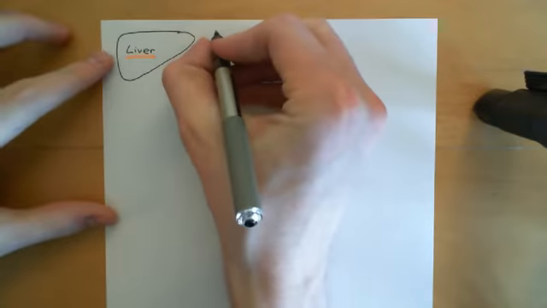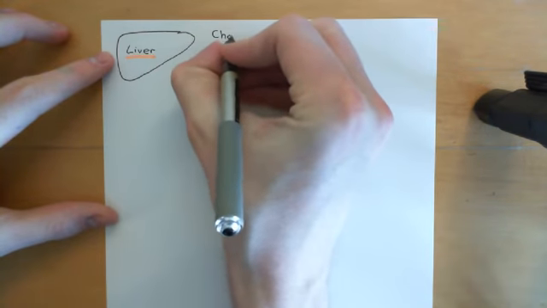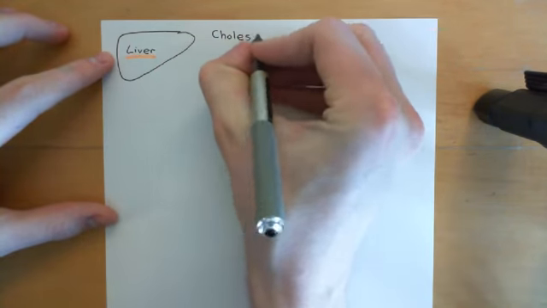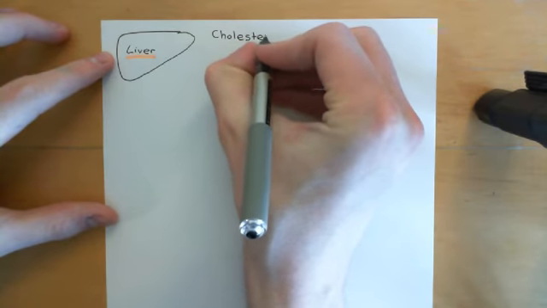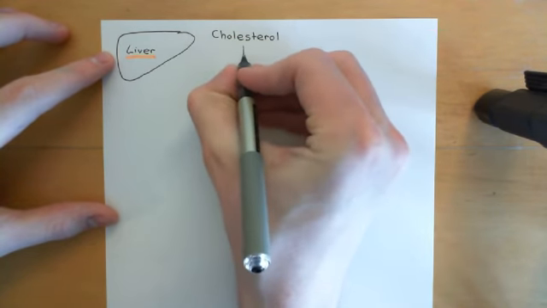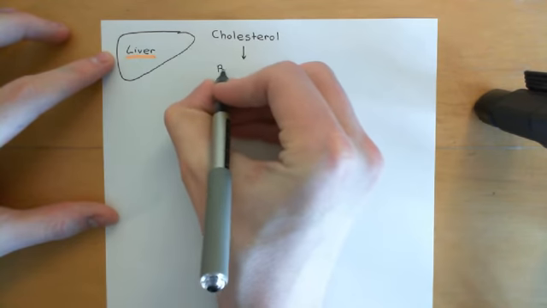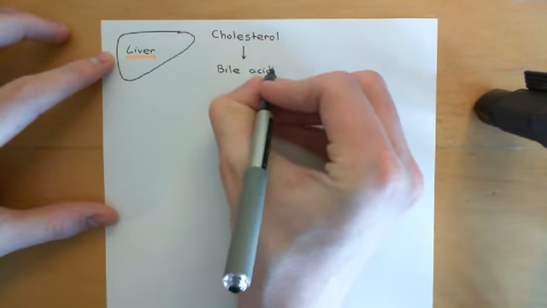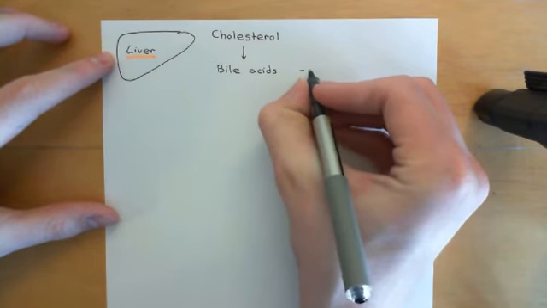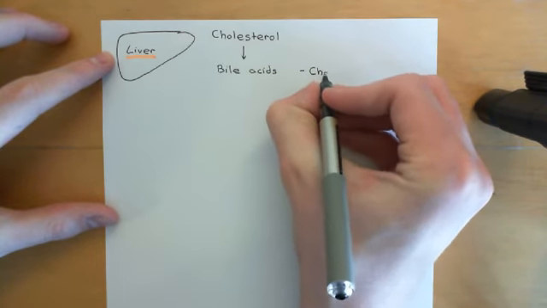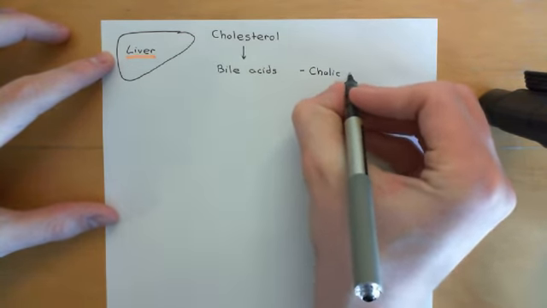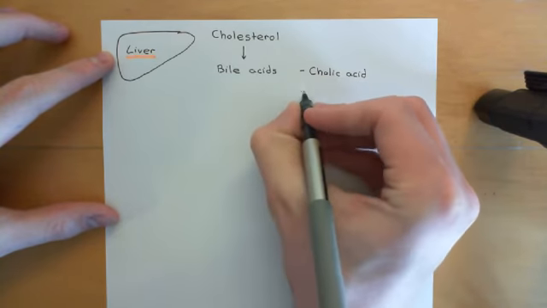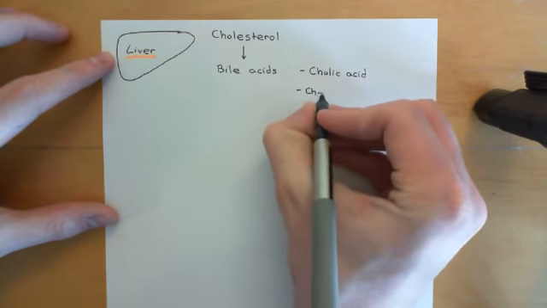Let me draw a little flow diagram here. Hepatocytes are going to use cholesterol to create firstly what are known as bile acids, and I want to draw out the structure of the two major bile acids, cholic acid and also chenodeoxycholic acid.